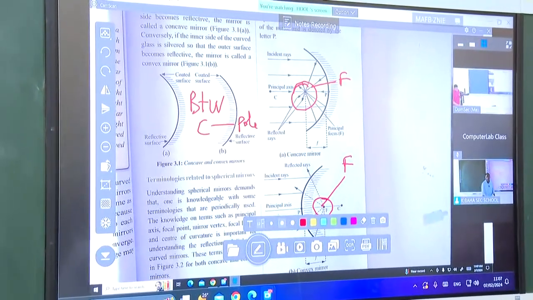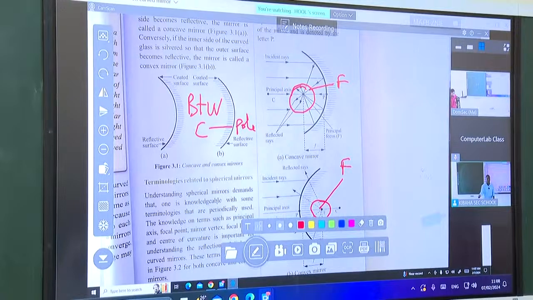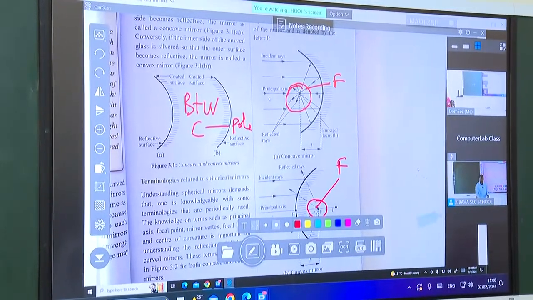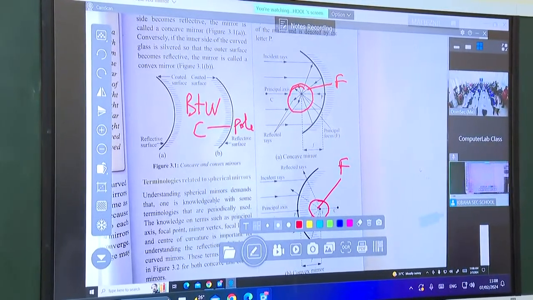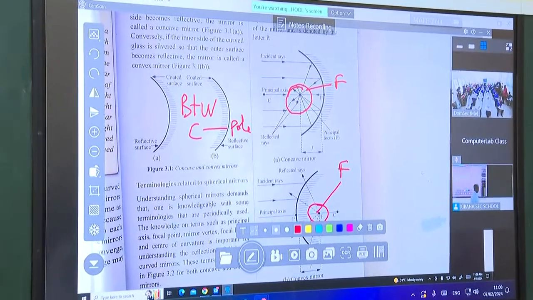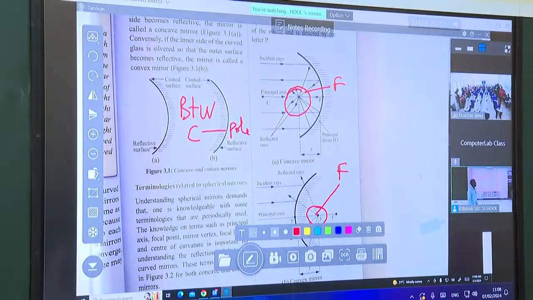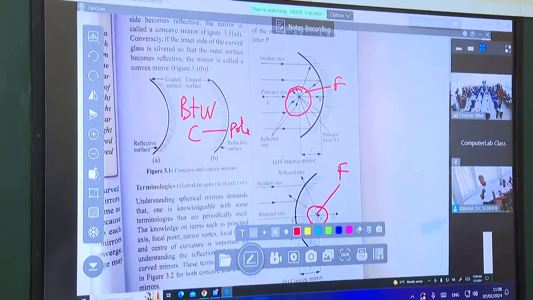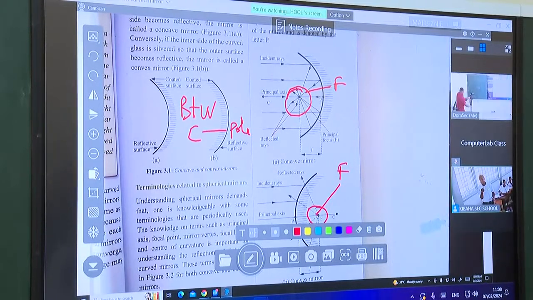From Kibaha? Anybody who can try? Okay. What is a focal point? A focal point is simply a point between the center of curvature and the pole where all the reflected rays meet up.